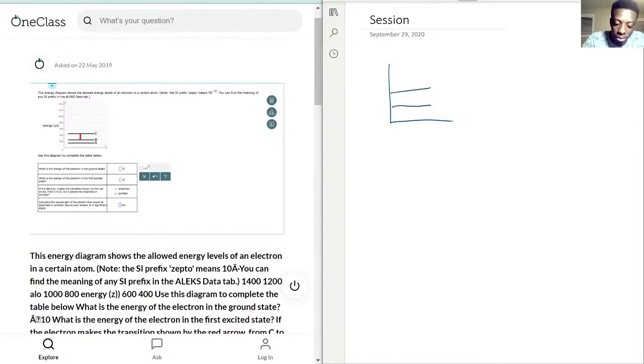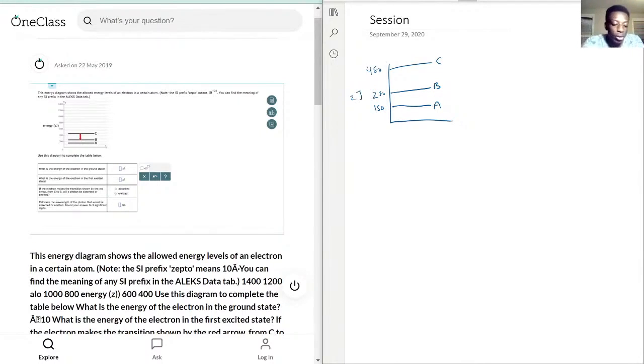So we have A, B, and C all the way up here. And A, if you squint really closely, is 150 zeptojoules. B is 2 lines above, so that's 250, and C would be 450. All of these are in zeptojoules.